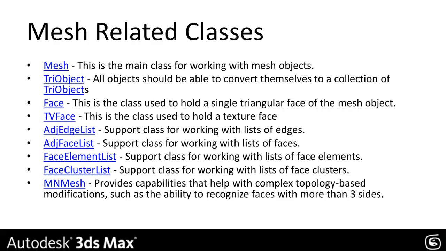So then that takes us down into the face, which is a class used to hold a single triangular face of the mesh object. And this is important that it's part of tri-object and the tri-object's mesh, which means it is a triangular face. Okay? Maintains 3 indices into a vertex array of the mesh, and there are methods provided for setting materials, smoothing groups, and edge visibility statuses.